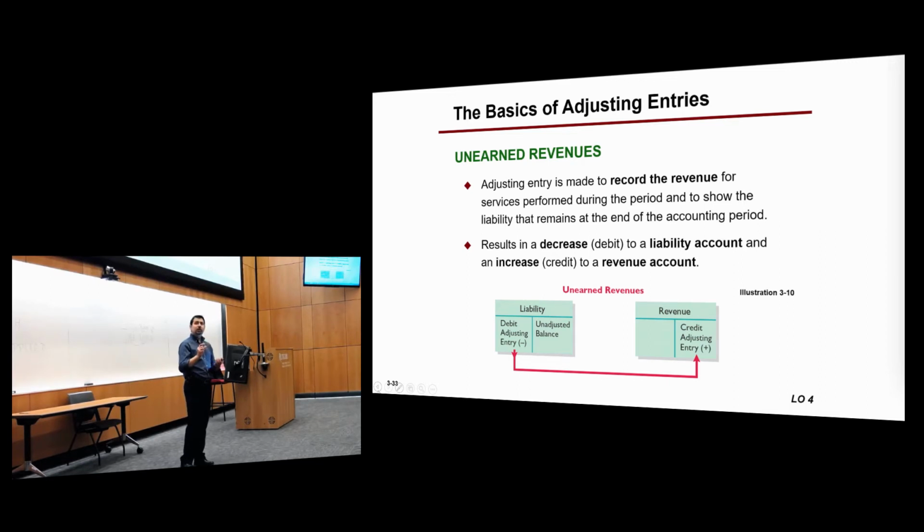That service has to be provided in the future, so that's a liability. It's an obligation. Now, your obligation has decreased. When liabilities decrease, we debit that. That's the only thing. So you debit the liability, which is called unearned revenue. Okay, so you debit unearned revenue and you credit revenue. Okay?